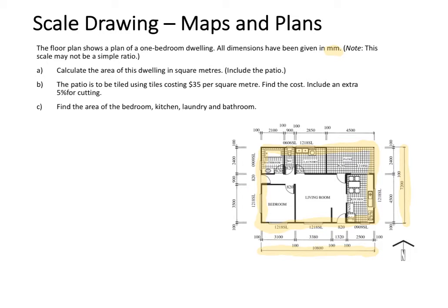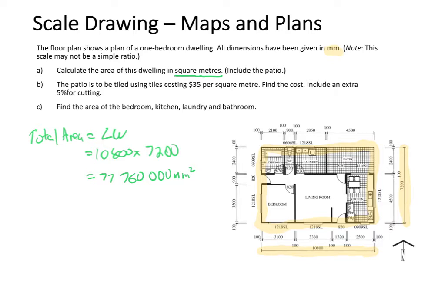So I can use those dimensions to calculate the area. So total area is going to equal length times width. So 10,800 times 7,200, which equals 77,760,000 millimeters squared.